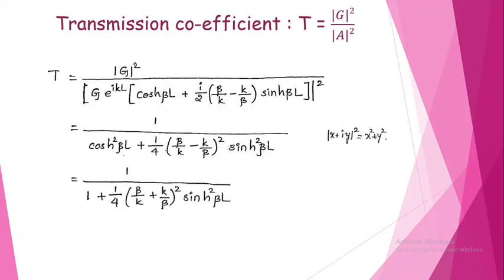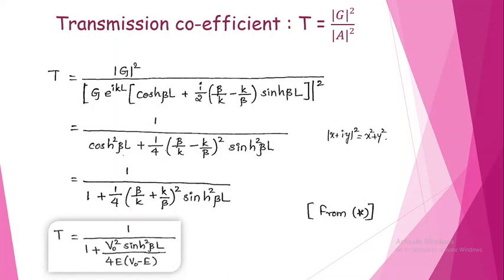Again using the same formula we can substitute the values, and finally by using the previous equation star we get the transmission coefficient T equals 1 divided by 1 plus V naught square sinh square beta L divided by 4E into (V naught minus E).